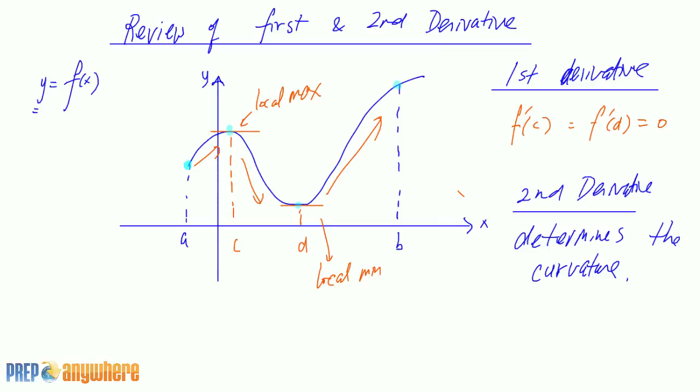So step 1 of an optimization question is to find this first. Okay, and step 2, right, will be to do the first derivative and analyze this.